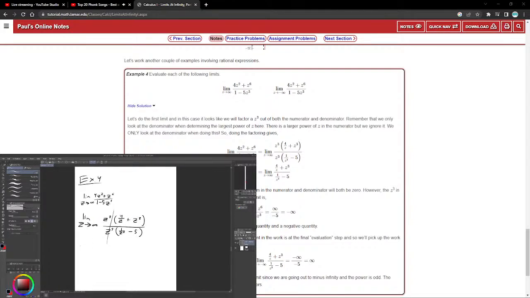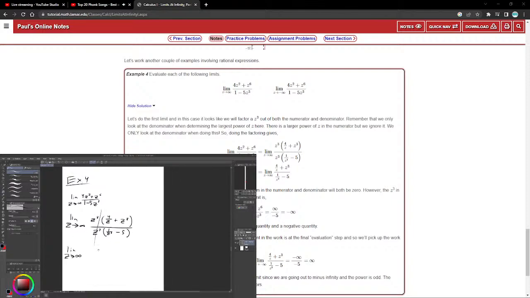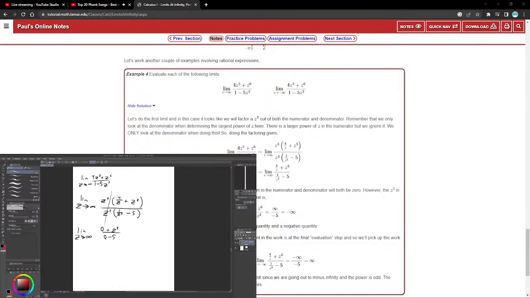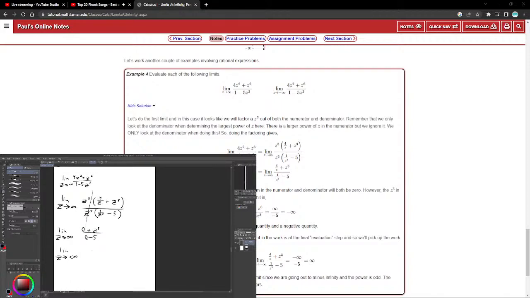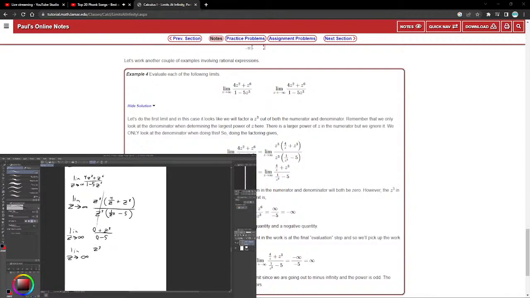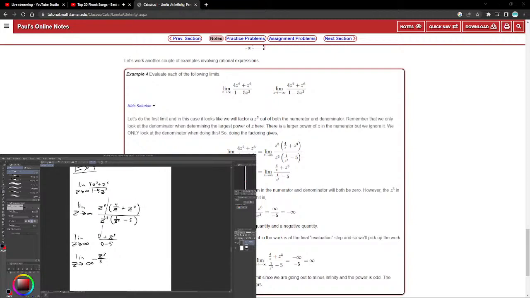Okay, these cancel out. Zero plus z cubed over 0 minus 5. Z cubed over negative 5.